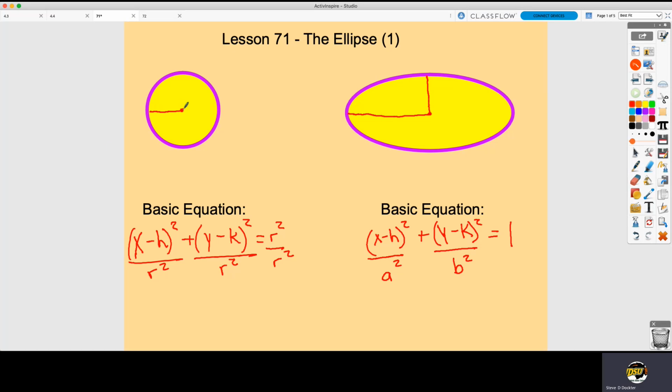This one would be from the center to the top. So technically they are doing the exact same thing here. But for a circle, we don't do this part because we don't need to. We already know that whatever it's equal to is going to be the radius squared. So how do we do this stuff?